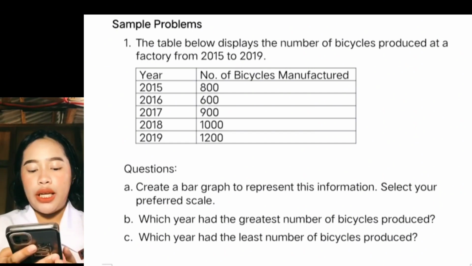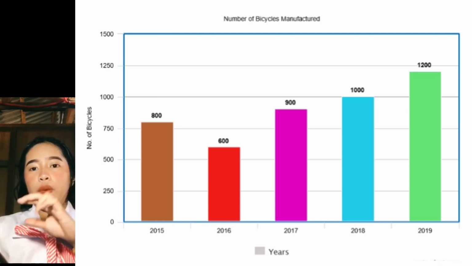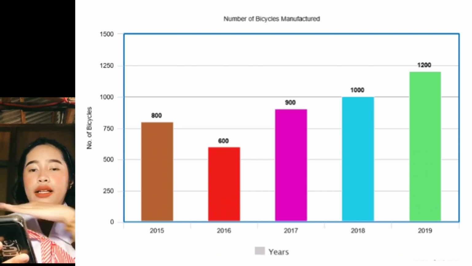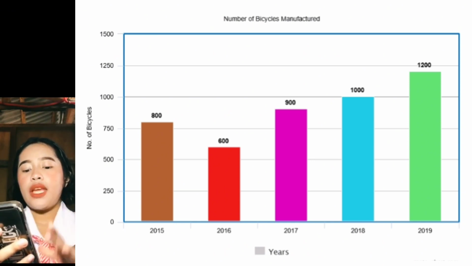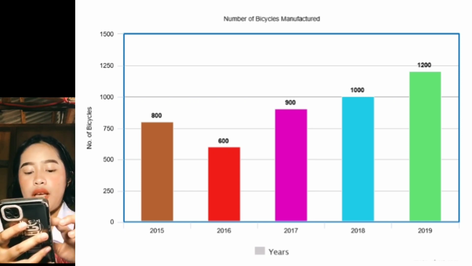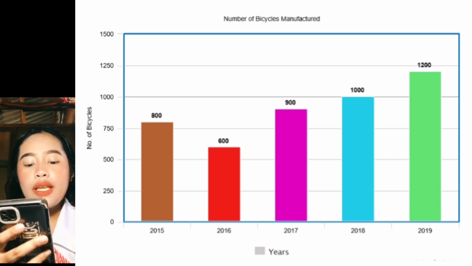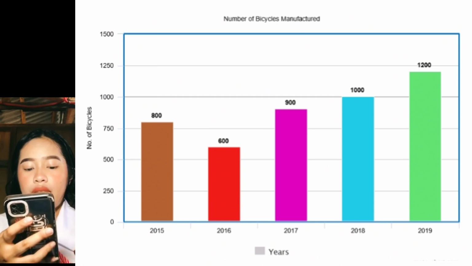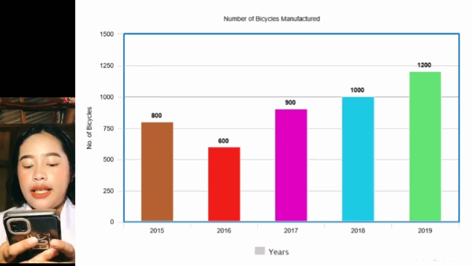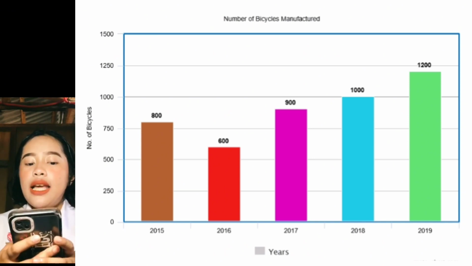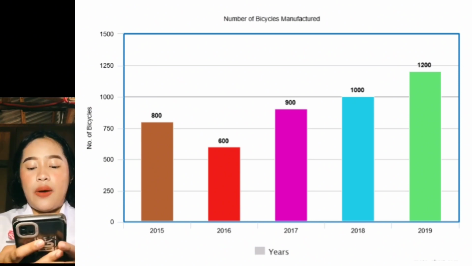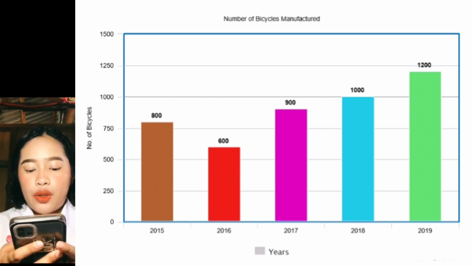So the solution here is, the number of bicycles on this side, and here are the years 2015 to 2019. 2015 is 800, 2016 is 600 bicycles, 2017 is 900, 2018 is 1,000, and 2019 is 1,200.